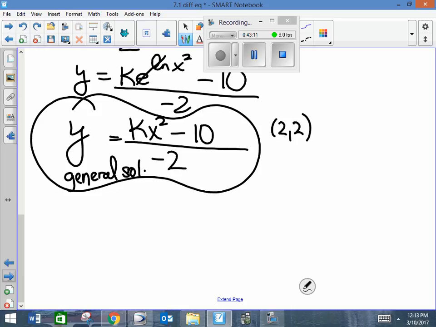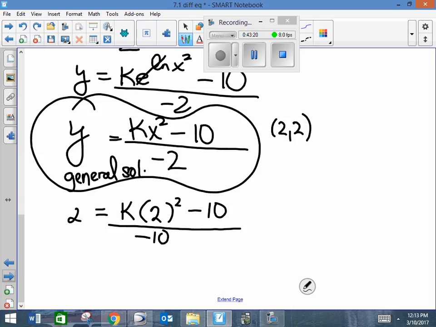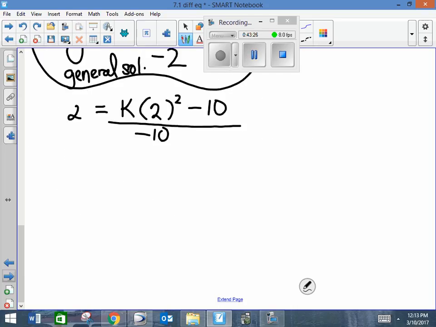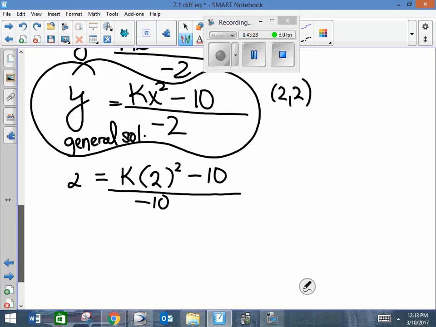Okay, so 2 equals k, 2 squared minus 10 all over -2. Solve for k. I know what I'm going to do first. I'm going to multiply this -10. It's a good 2 on the bottom. Oh, sorry. Well, thank you. That would have been bad.